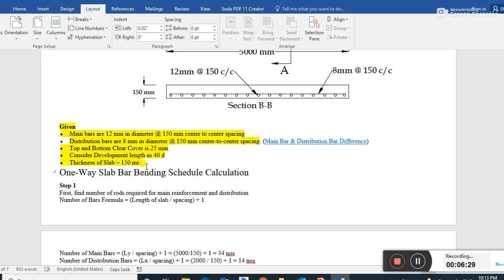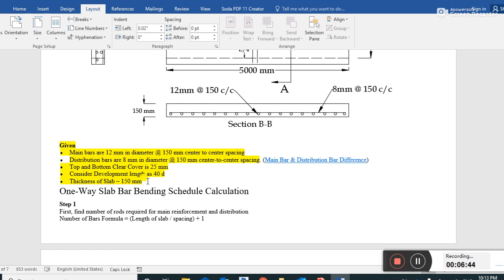In the previous video, I talked about general details on the slab. We saw that the minimum thickness of slab is 100 millimeter, and for this RCC slab the thickness is considered 150 millimeter or 15 centimeter.